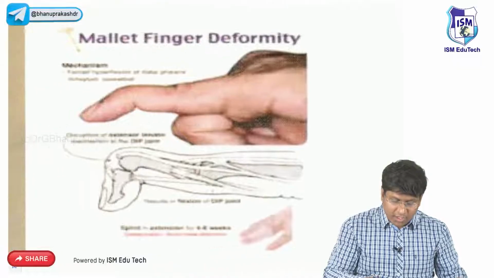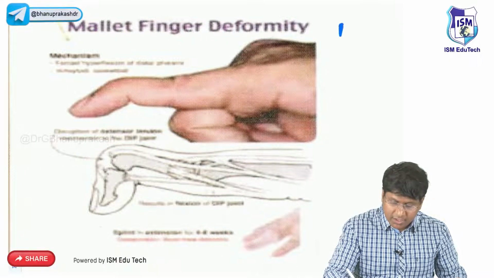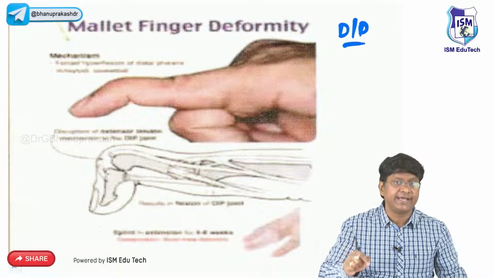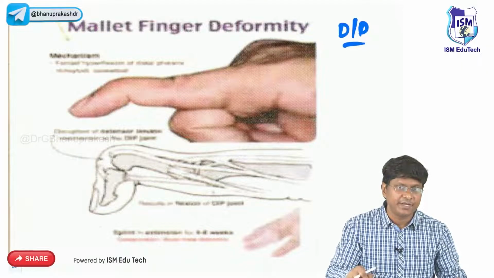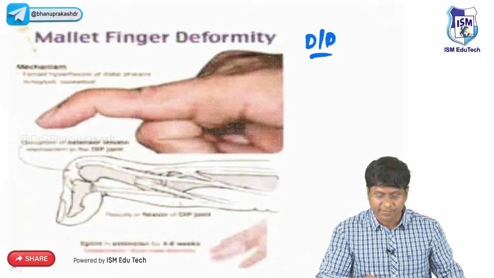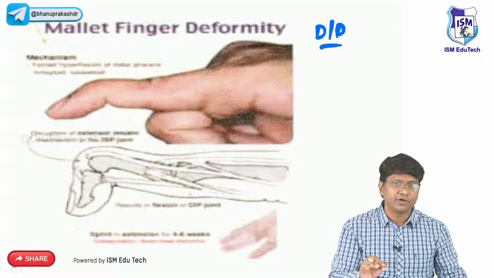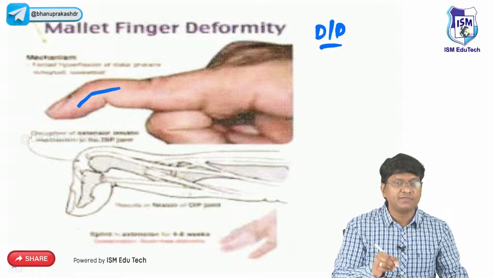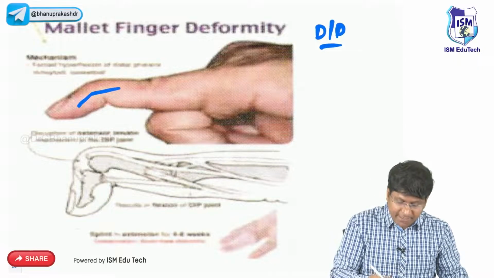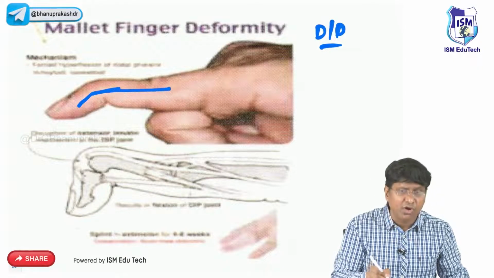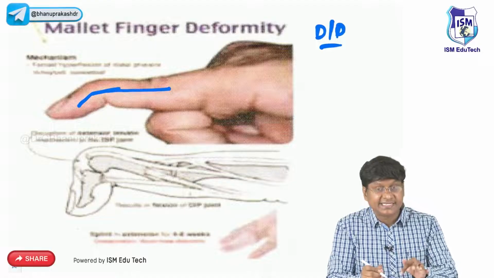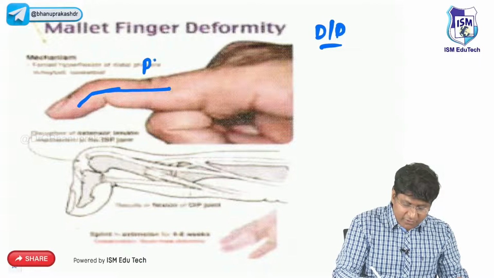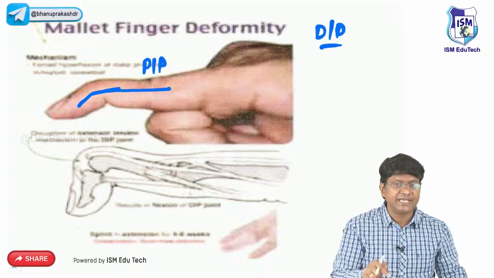Next, now, very important differential diagnosis for your swan neck deformity will be your mallet finger deformity. See, in case of mallet finger deformity, you have only flexion of the distal interphalangeal joint, but the hyperextension of the PIP will not be there.